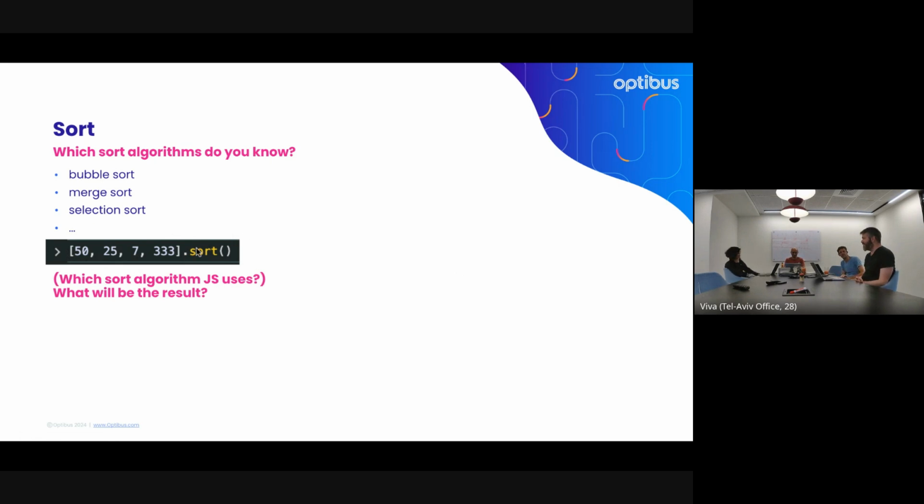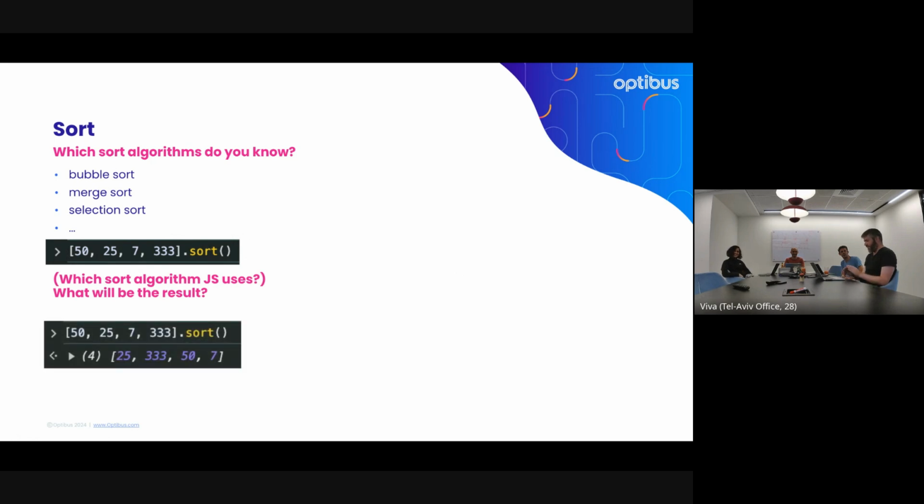Do we have any JavaScript developers in the audience? 7, 25, 50. I did this session for our team, and all the developers said that 7 is first, and they didn't believe me that this will be the answer. They even checked during the session, opening the Chrome inspector, but this is the answer that JavaScript default sort will return for this array.